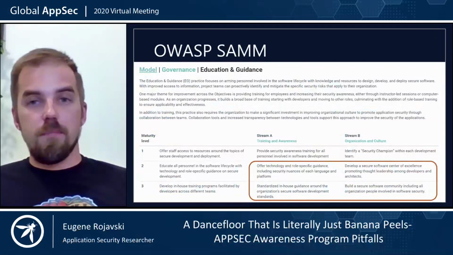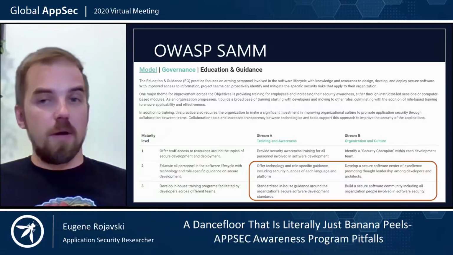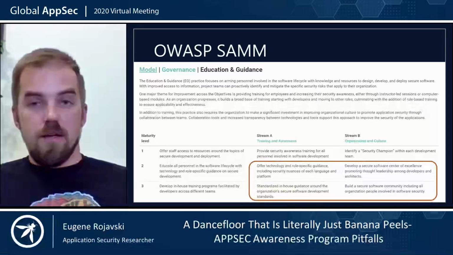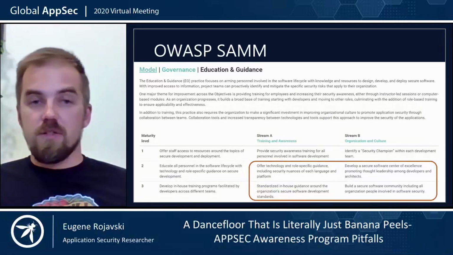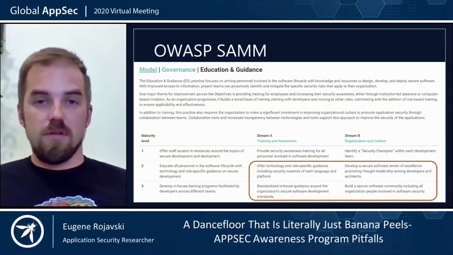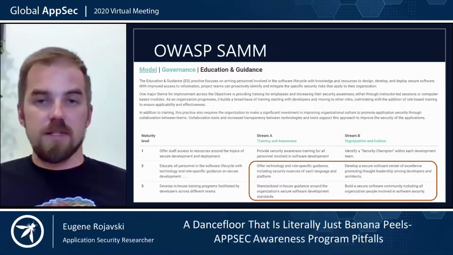After you've covered the basics and found the security champions in the development teams, you can go into the framework specifics, the language specifics, try to involve developers in the security activities, teach the most willing of them the AppSec things like risk assessment and threat modeling.